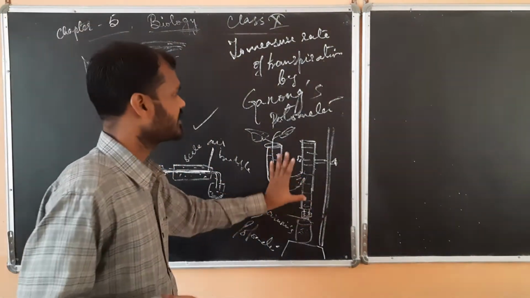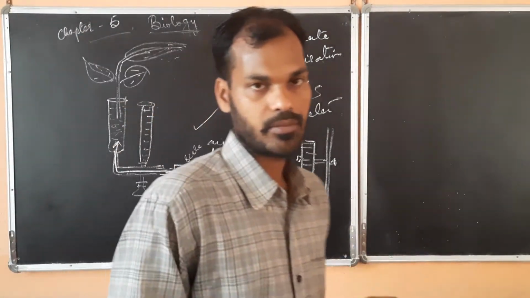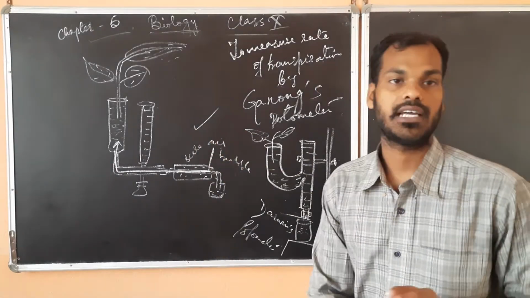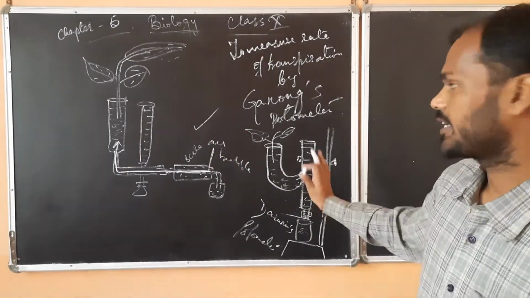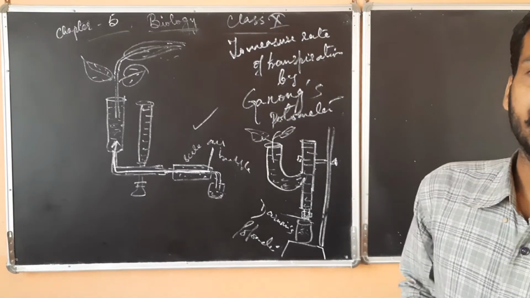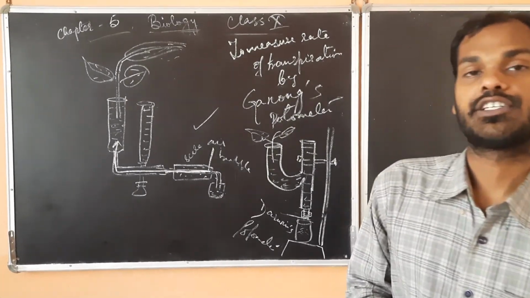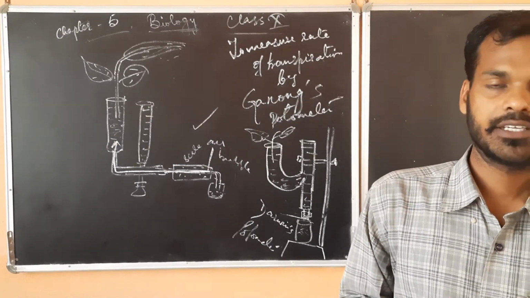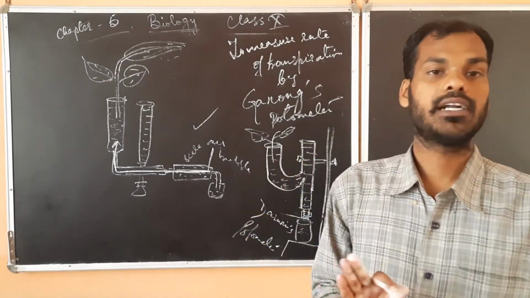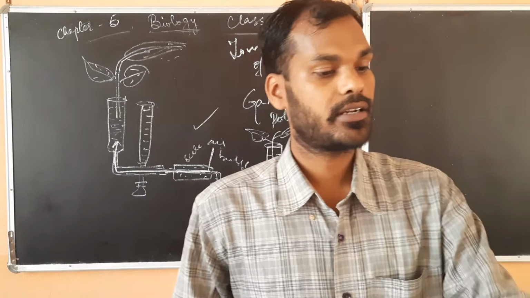Keeping this in consideration, you can measure the rate of transpiration by Ganong's photometer and Darwin's photometer. These two experiments are very important for how to measure the rate of transpiration. So we have dealt with the transpiration rate.